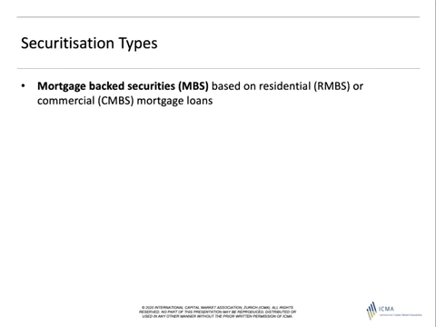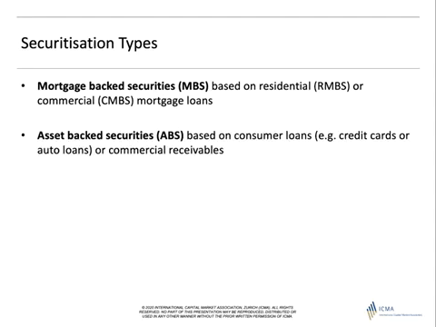You are likely in the market to encounter many different types of securitization. Among the most common are mortgage-backed securities, or MBS, based either on residential mortgages or on commercial mortgage loans. These may be either private securitizations or, in some cases, securitizations by government-sponsored enterprises, such as the mortgage agencies in the U.S., Fannie Mae, Freddie Mac, and Ginnie Mae.